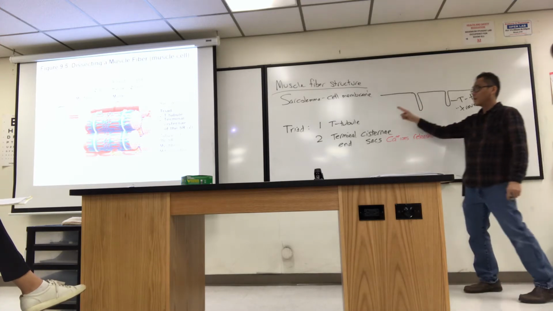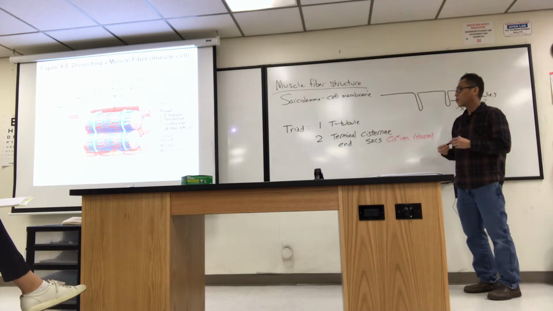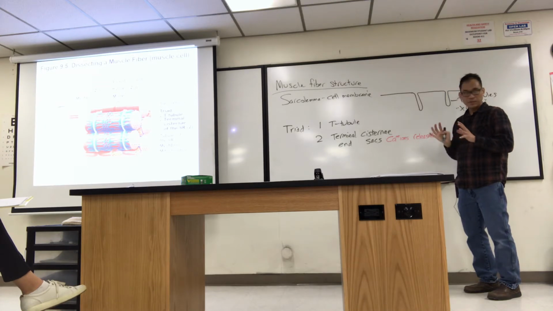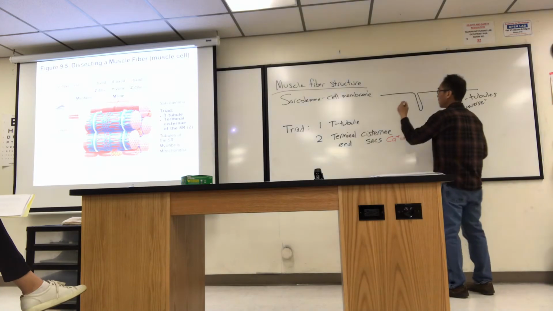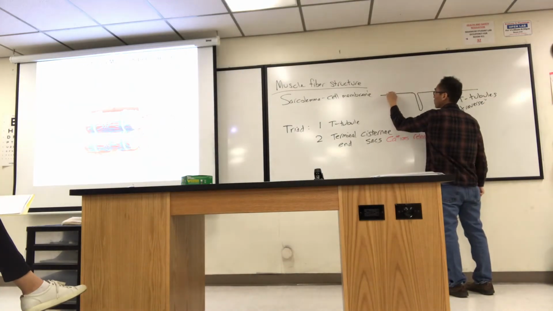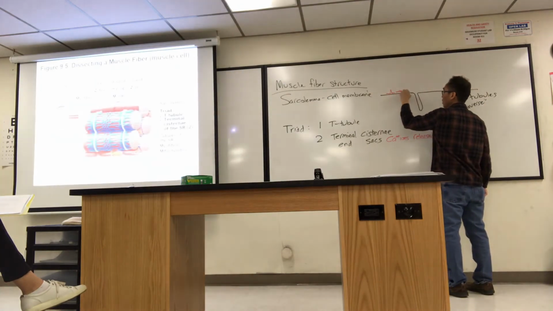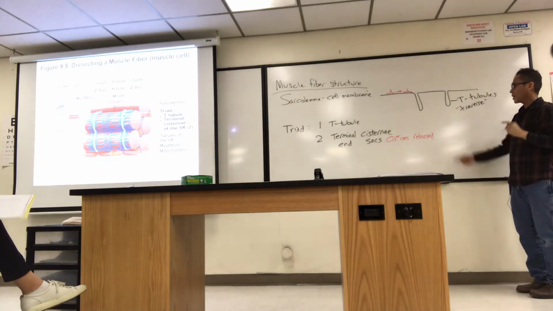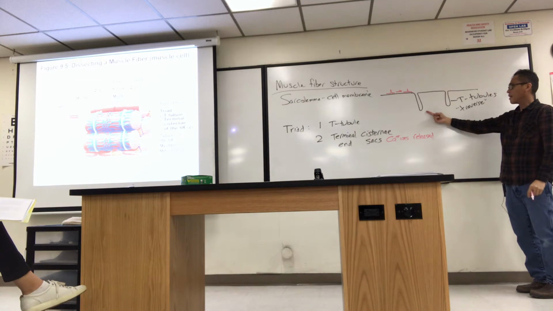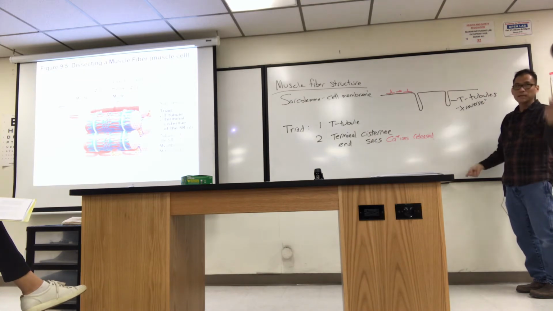The T-tubule is going to receive an action potential. So there's a nerve impulse that can travel across the surface of the cell. But when it gets to these little invaginations, the T-tubules, the signal is going to go down.